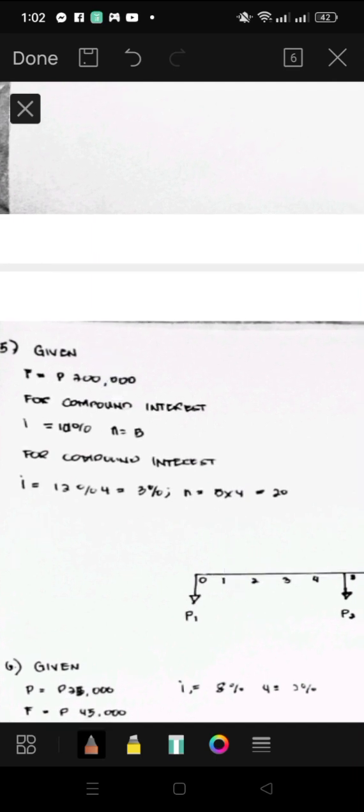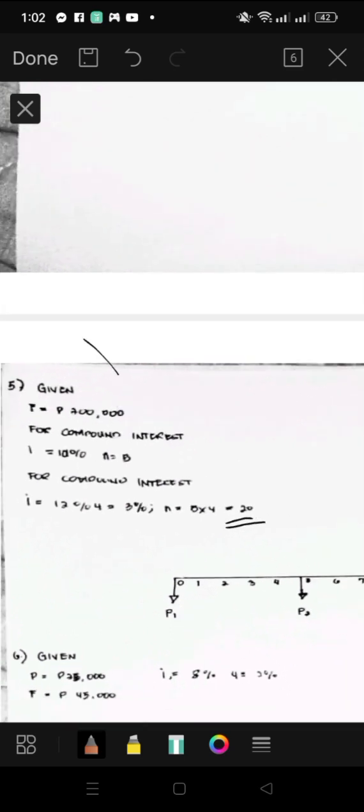For the 12% compounded quarterly, I is 12 over 4, which is equal to 3%. And n is for the next 5 years, 4 times 5, is equal to 20.